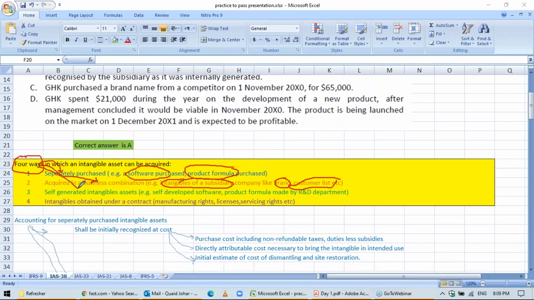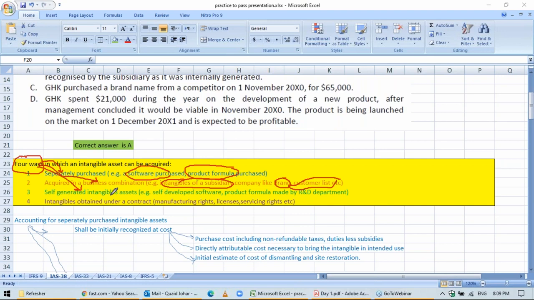And the third way is a self-generated intangible asset. The 6 condition rule, which I showed you a few minutes ago, is for this category. In the third category, self-generated intangible asset, suppose we are a pharmaceutical company developing an intangible asset, a formula for, say, coronavirus.